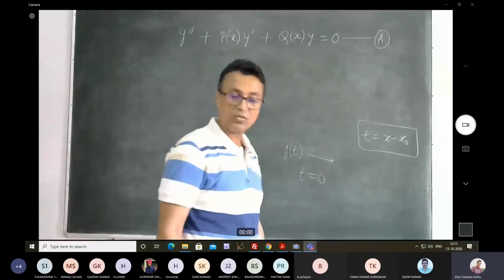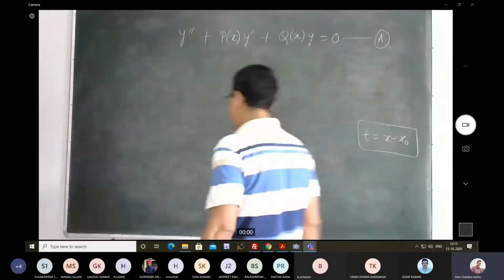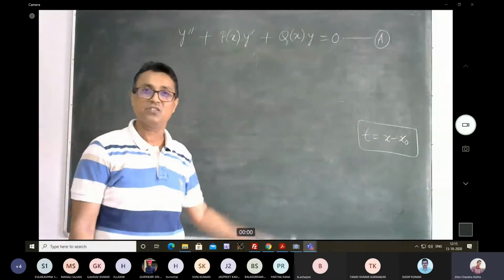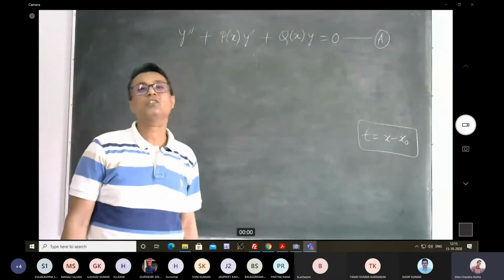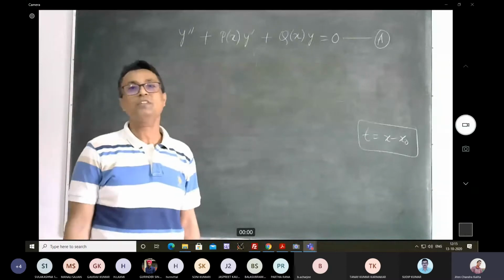In that case it is going to work, right? So I'm going to take the simplest differential equation of second order where x equal to 0 is a regular singular point.